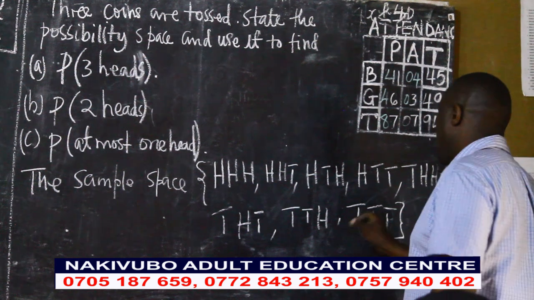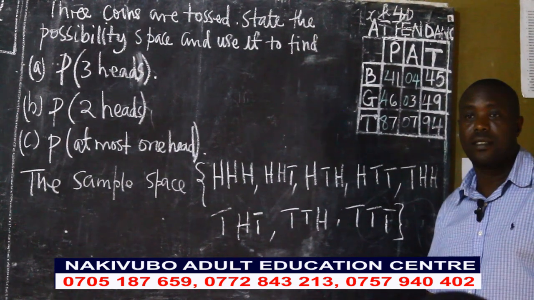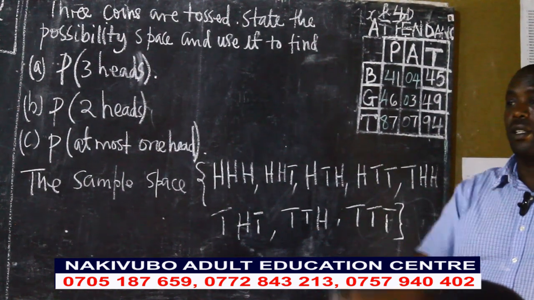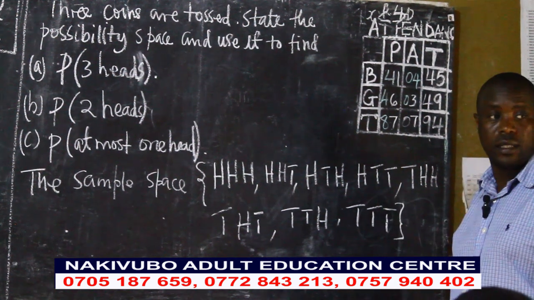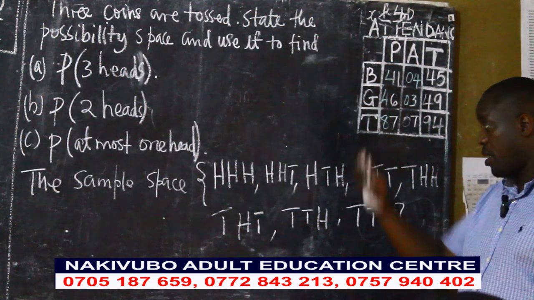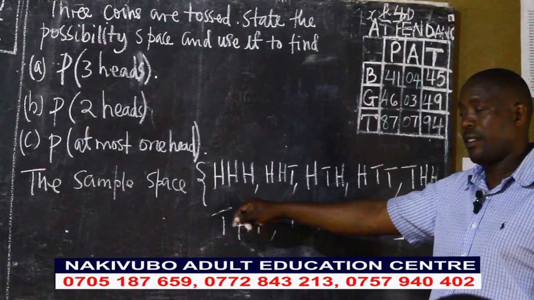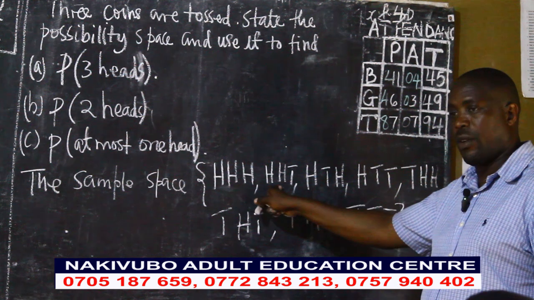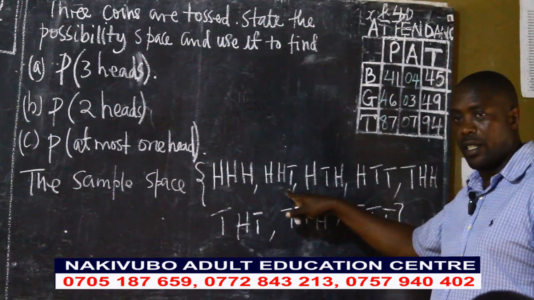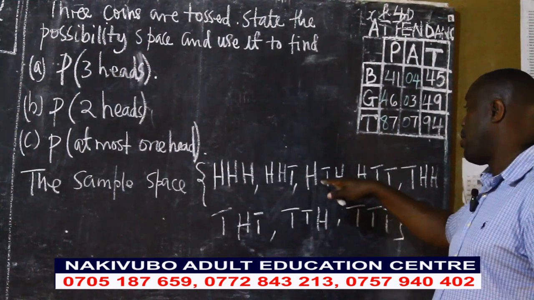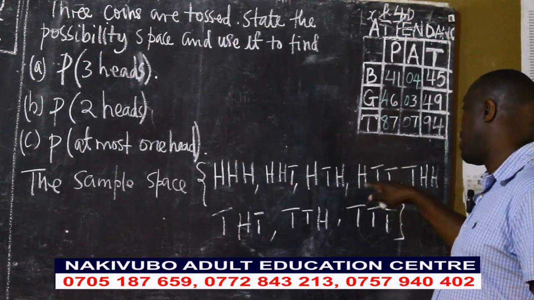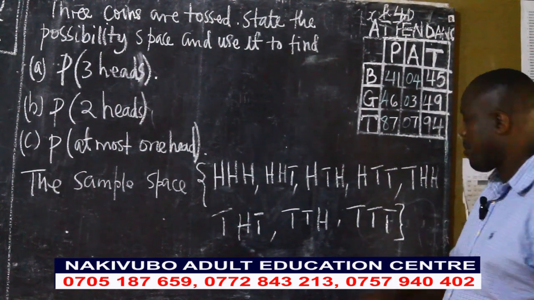Those are the possible outcomes when you toss 3 coins. You might get all the faces showing heads, 2 faces showing a head and 1 showing a tail, and so on.